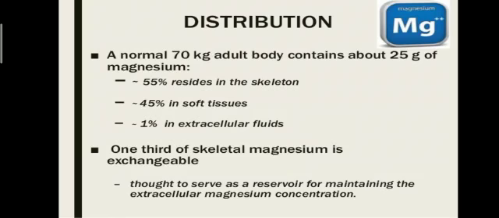This is the normal level of magnesium in a human. 55% resides in the skeleton, 45% in the soft tissues, while 1% in the extracellular fluids. 1/3 of skeletal magnesium is exchangeable, thought to serve as a reservoir for maintaining the extracellular magnesium concentration. This is not in your book, but this is an extra point that an adult human being of 70 kg will have about 25 gram of magnesium.